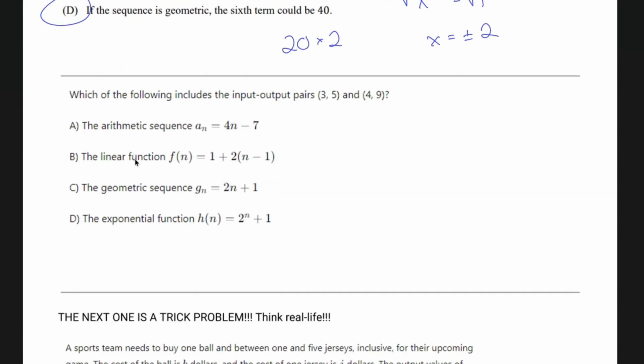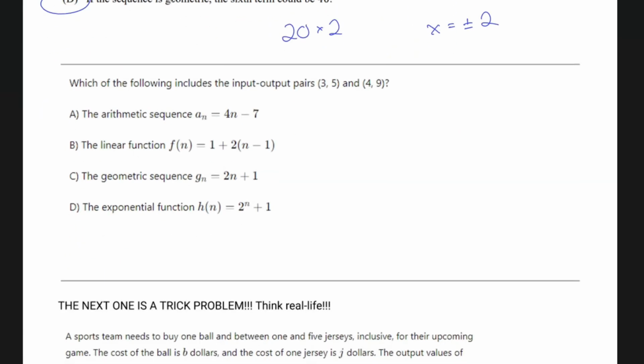Which of the following includes the input-output pairs 3, 5, and 4, 9? So 3, 5, 4, 9. It doesn't look like in any of these options getting from 5 to 9, because we go from 3 to 4, so that's consecutive. So going from 5 to 9 is most likely a plus 4. Okay? Not likely a geometric, because if it's geometric, you would times, what, 9 over 5?